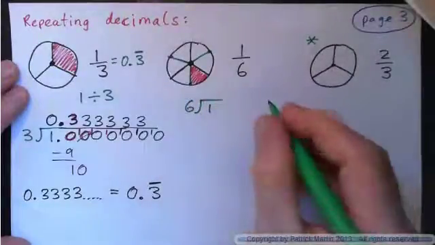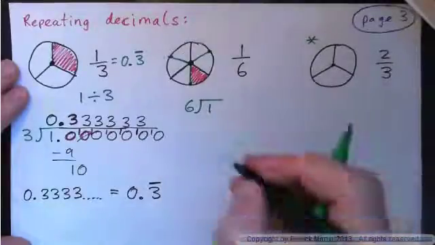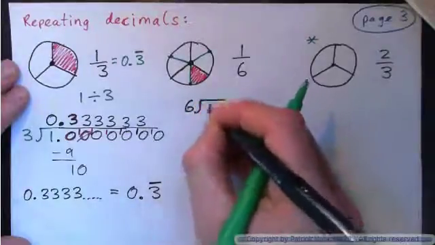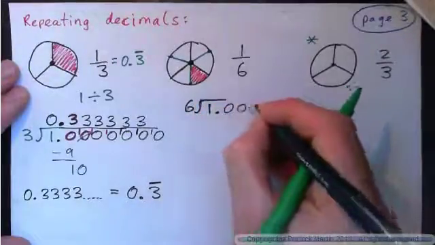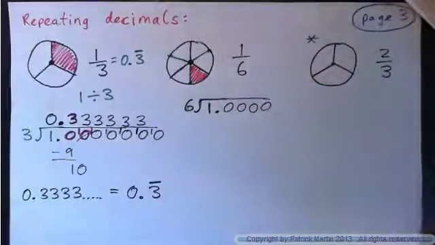Okay? And of course, can't you write 1 as a never-ending decimal, right? 6 into 1, 1.000, right? And see what happens.